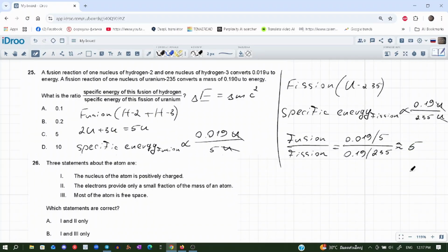So it's about 5 times greater, right? So fusion releases much more energy, 5 times more energy per kilogram than fission. And our option is C.